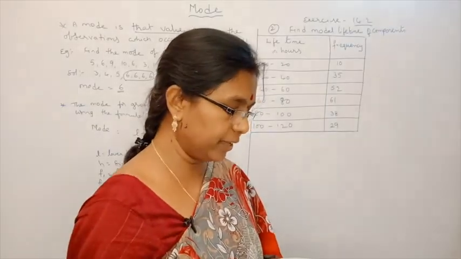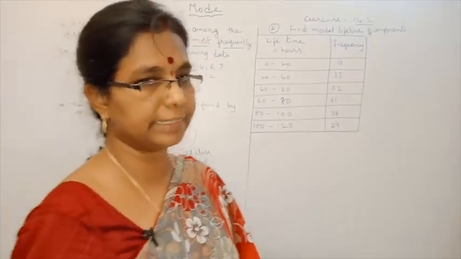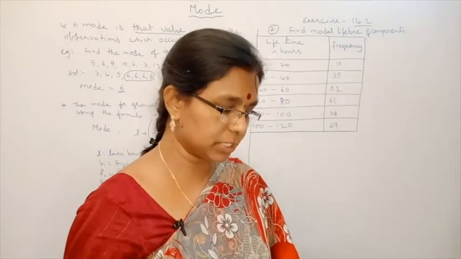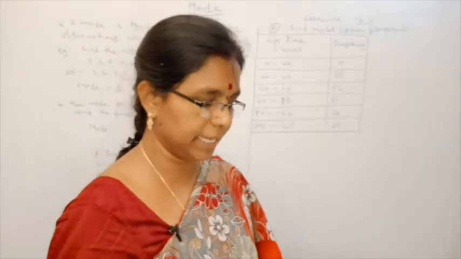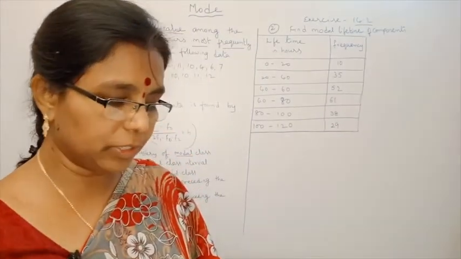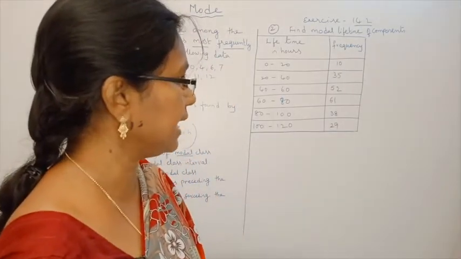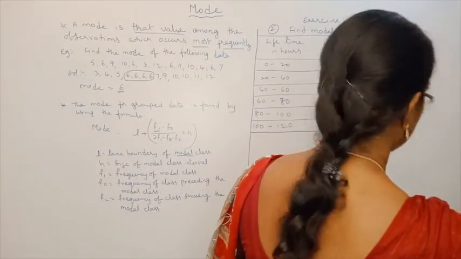Frequencies: 0 to 20 hours, 10 components; 20 to 40, 35 components; 40 to 60, 52 components; 60 to 80, 61 components; 80 to 100, 38 components; 100 to 120, 29 components. We have to find the mode of the lifetime of the components.